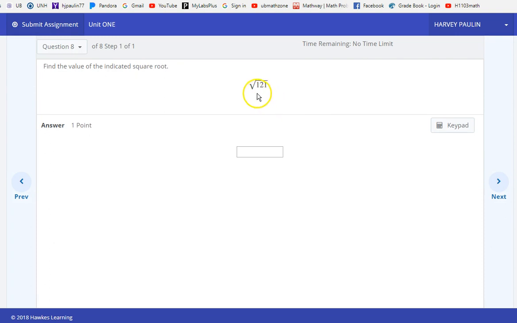Now, again, we want the square root of 121. So you put that in your calculator, square root sign, 121, and lo and behold, it's a perfect square. So the square root of 121, we didn't have to round off anything, is 11.